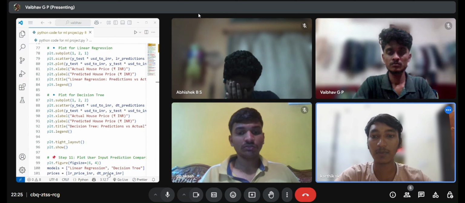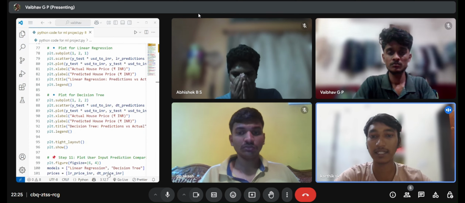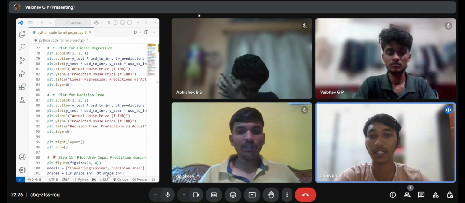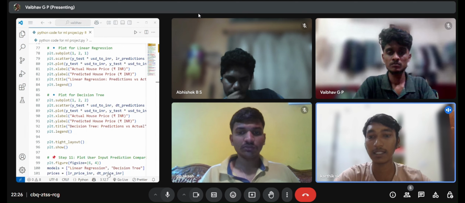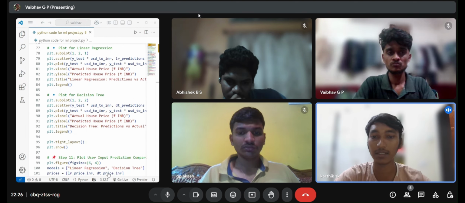And next is plt.bar, which creates a bar chart where the x-axis is linear regression and decision tree, and the y-axis represents the predicted house price in INR, where color is equal to blue, green. These bars are colored blue for linear regression and green for decision tree, where the bar graph is represented.